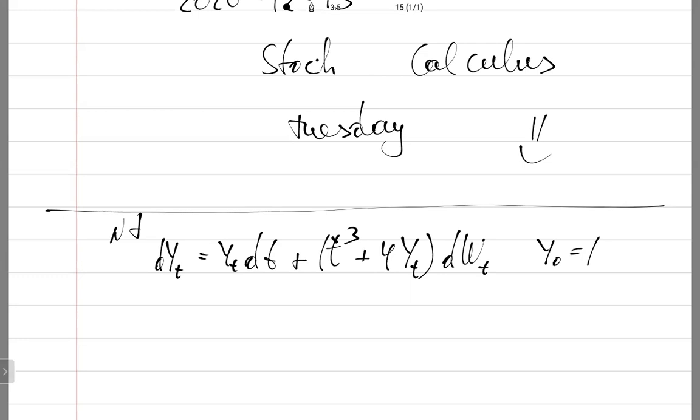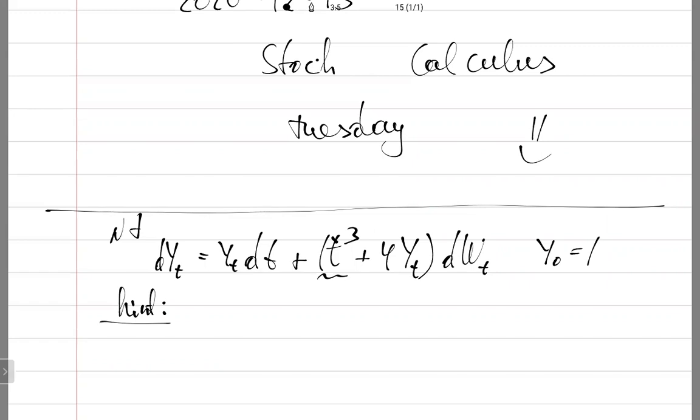So first we have a hint. Let's just go by the hints. We are supposed to solve a simplified equation. So let's forget about this t cubed for the moment.